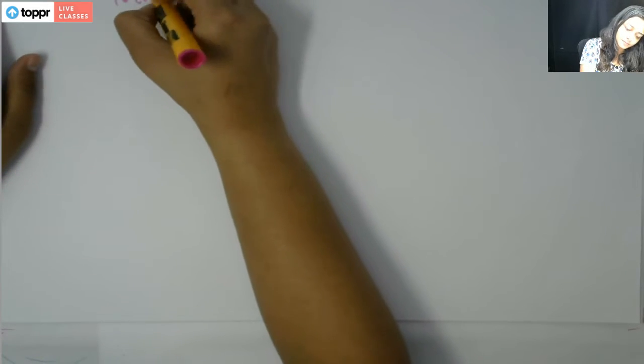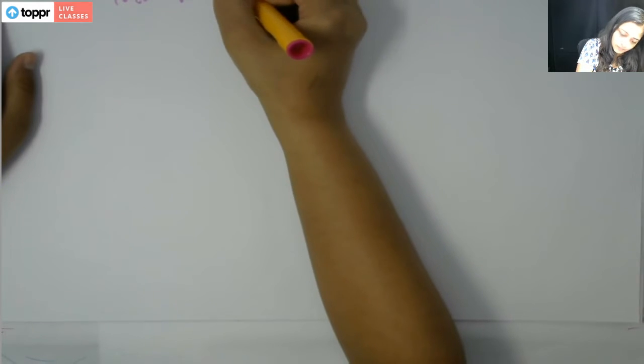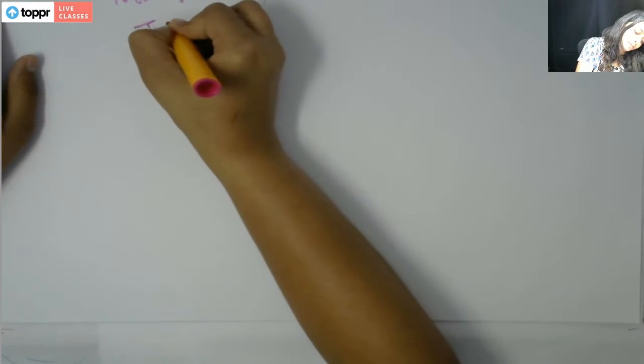The next one is the total probability theorem. What is the total probability theorem?